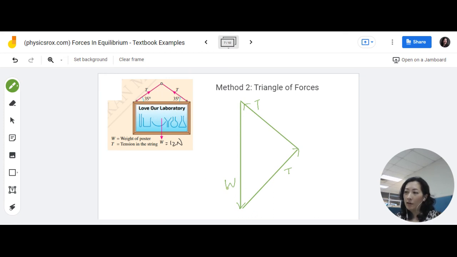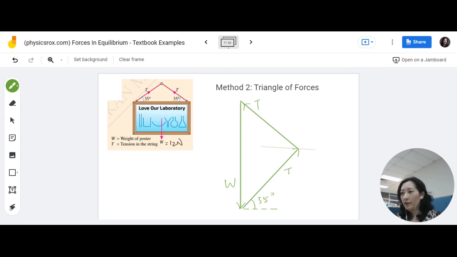Now, the labeling of the angle, you've got to be careful. 35 degrees is between tension and the horizontal. So it's not on the inside, it's on this side, on the outside. So it means it's 35 over here. Let's make it straight. So this is 35.